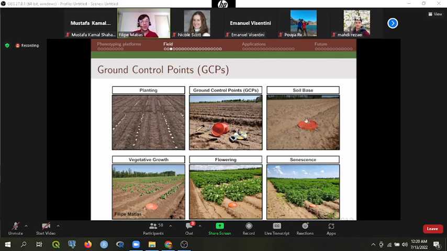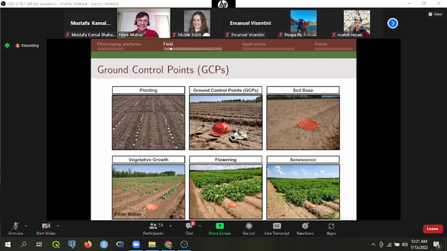Then I only need to go there once to collect the latitude, longitude, and altitude for that specific ground control. Here we were using those lids, and these lids are very interesting because they are very cheap and easy to find in the image, and also very close to the ground. So if a tractor passes over, many times they survive, right?